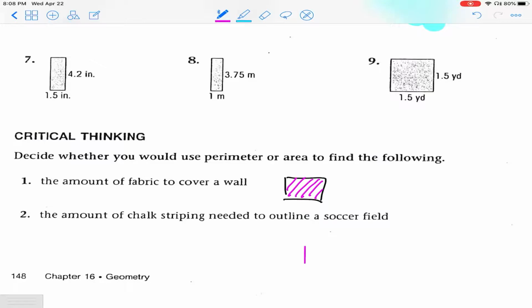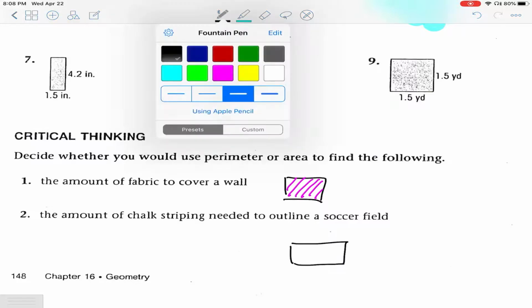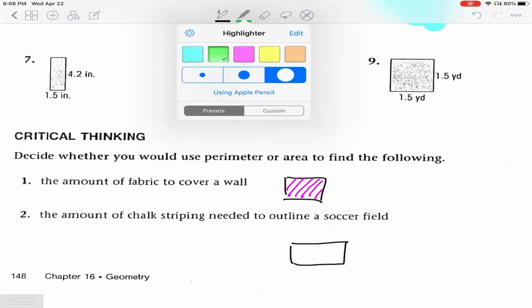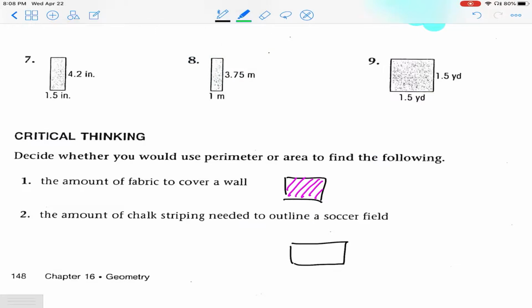If I have a soccer field in a rectangular shape like this, and I need a chalk strip to outline it, then I will outline this way. Would this green highlight represent area or perimeter? Think about that one too, okay?